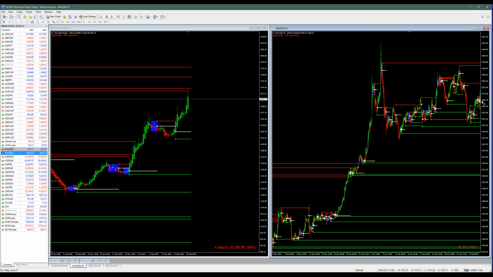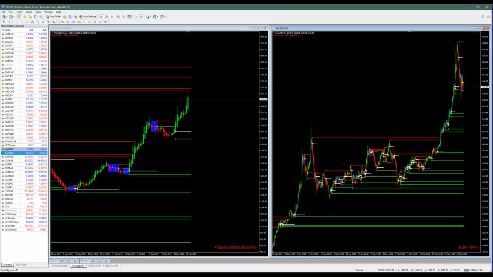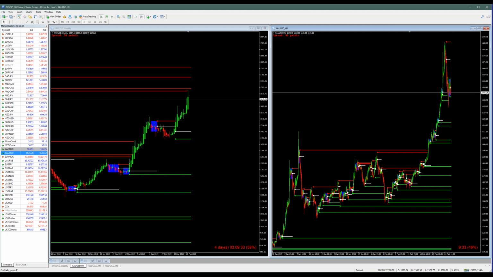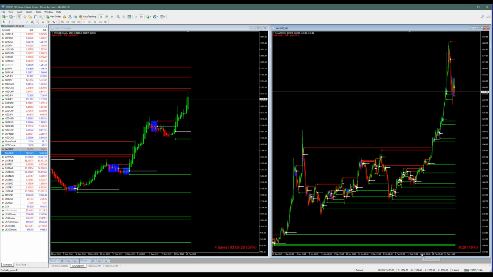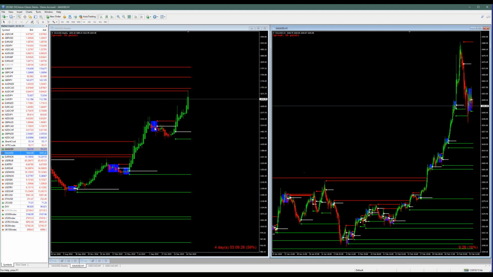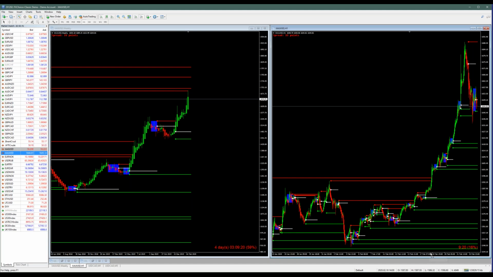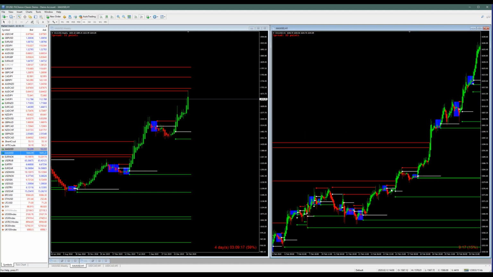Let's see here. So we came down through here. Okay, so it started really getting going down through here. So when this weekly turned long right here, it started going up. Then you could do that when you're looking to enter that weekly trend.